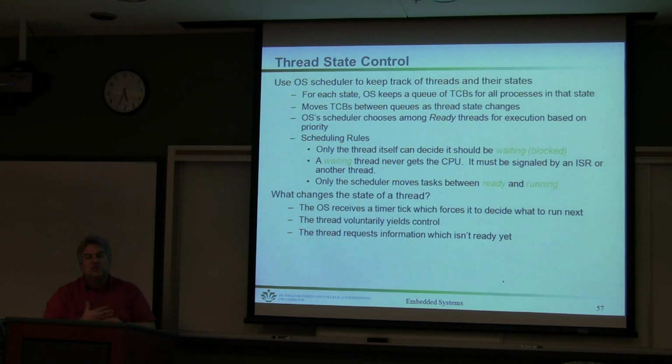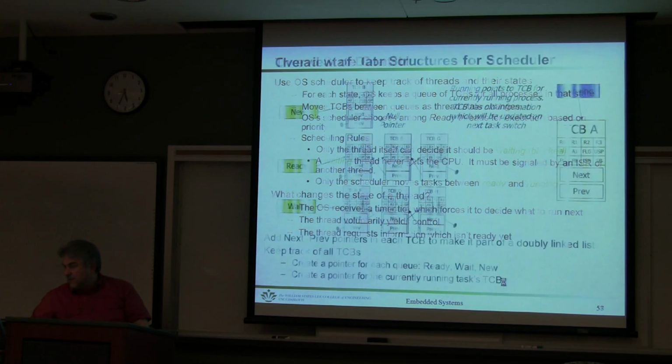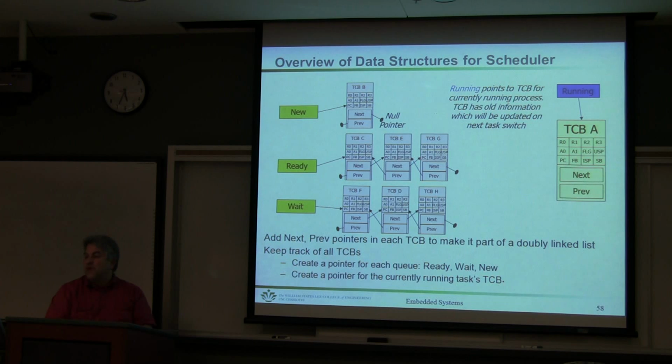So who moves these threads between the different 3 states or the different 5 states? The answer is the operating system, usually the kernel, is that entity which will do that. As an example, if we have here a data structure, we'll have maybe 1 new, 3 of them are ready, and 3 of them are waiting, and of course there's only 1 that is running.